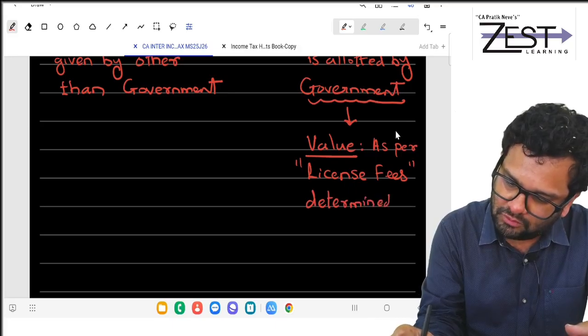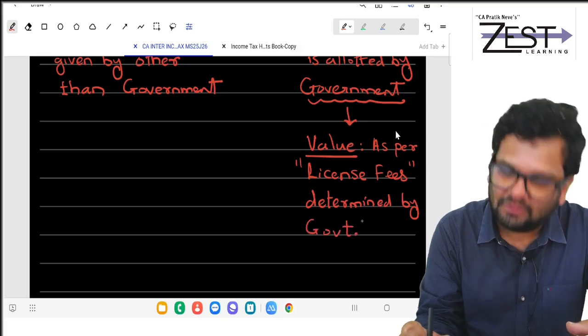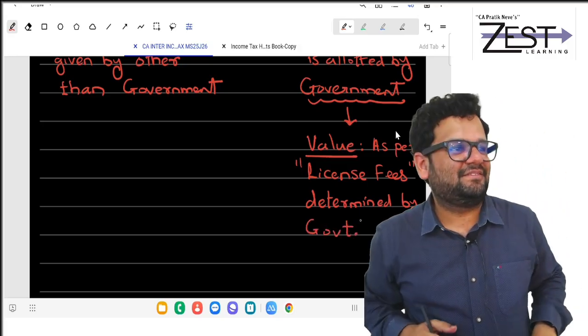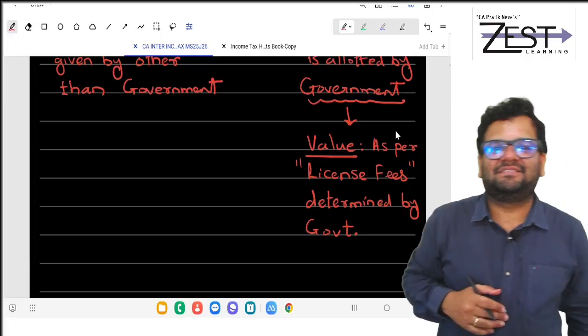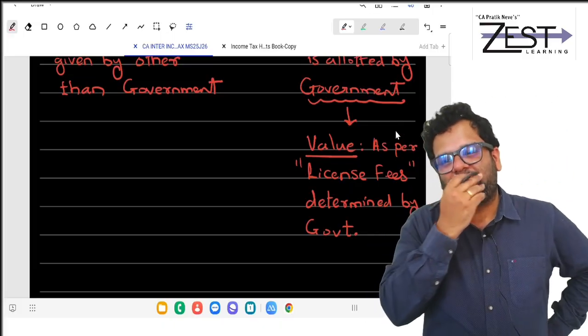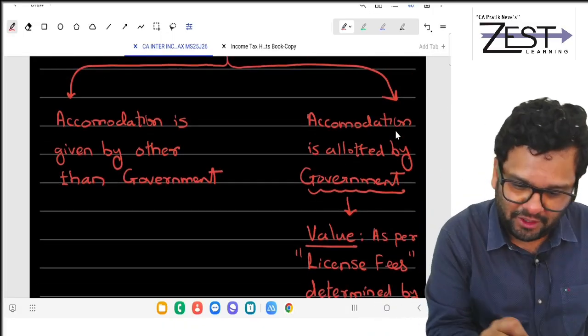So what you have to do? Nothing. You just pick up this value, tax it. What remains? This main point remains.